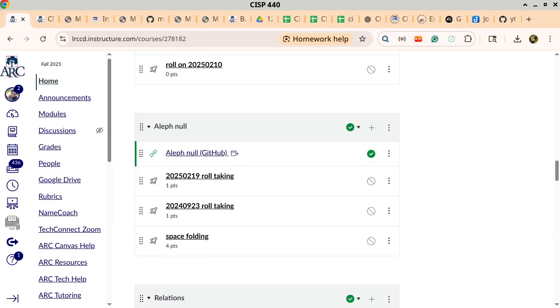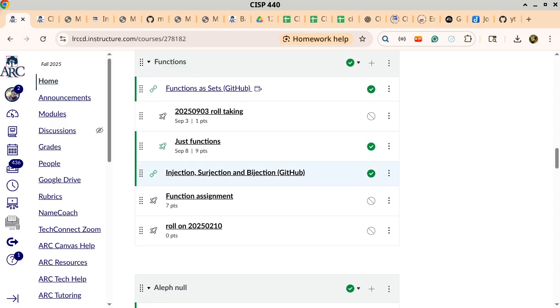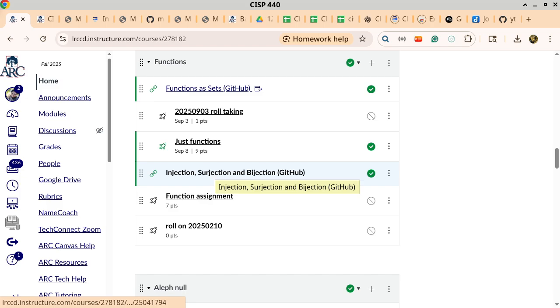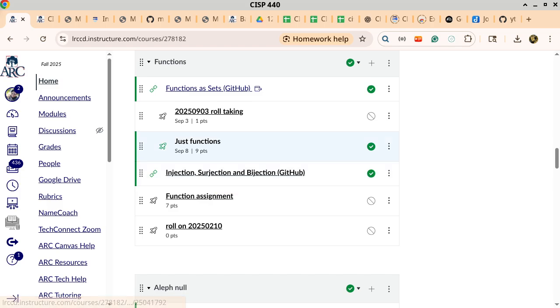In this case, it's due on Monday, because we need those concepts to be all clear before we can talk about injection, surjection, and bijection. So that's why just function is due on a Monday. That still gives you like four more days to work on it. So the key is to get started early. So this one is your new homework assignment.